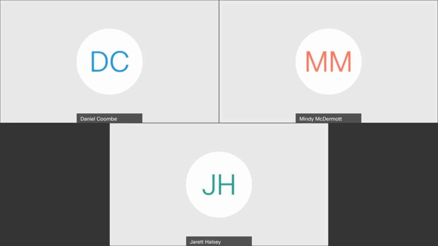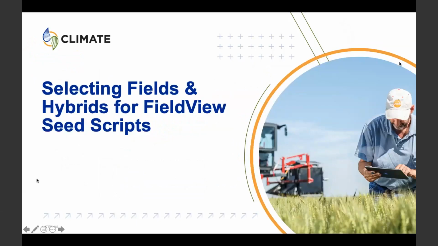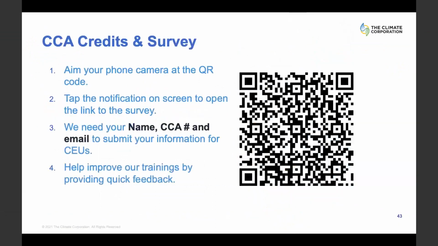And while Deanna is switching things over here, I will take this time to let folks know that we do have new compatibility related to Ag Leader. We are excited about that new opportunity. If you have an Ag Leader display, reach out to your local FieldView representative and your FSR and let them know that you're ready to get going with Ag Leader planting.